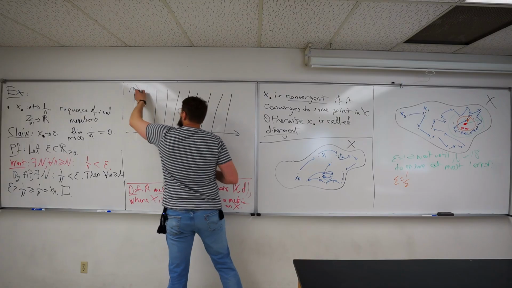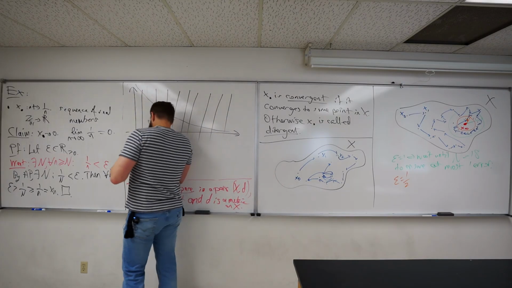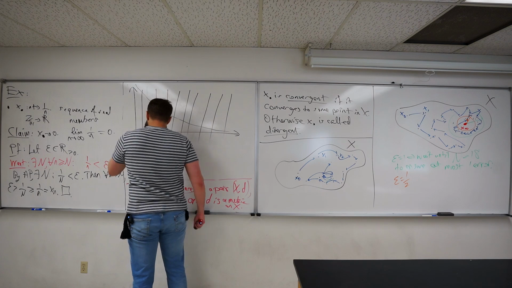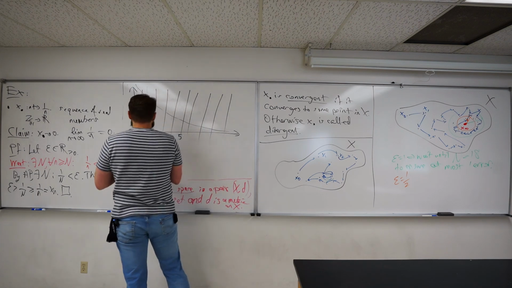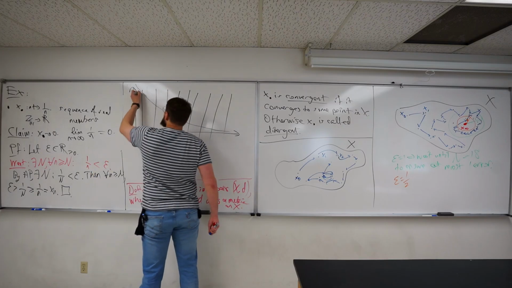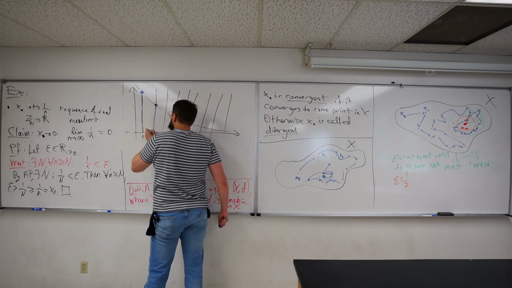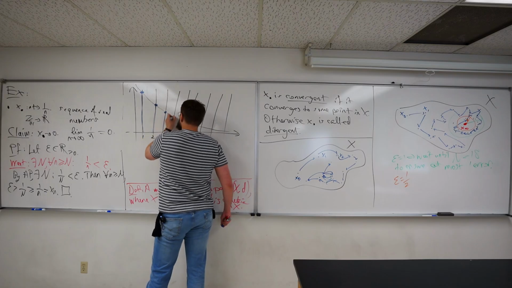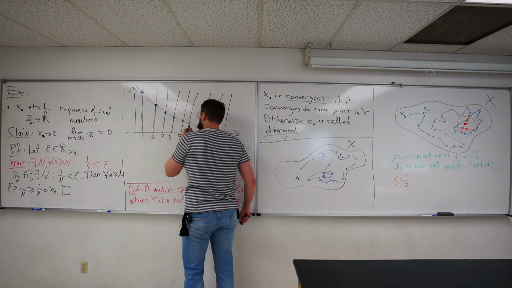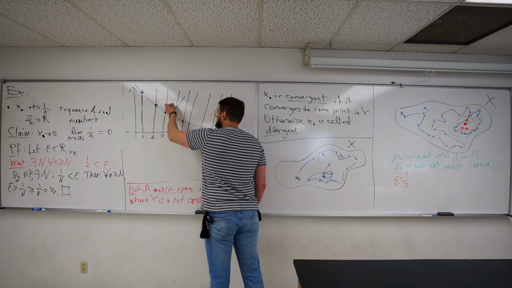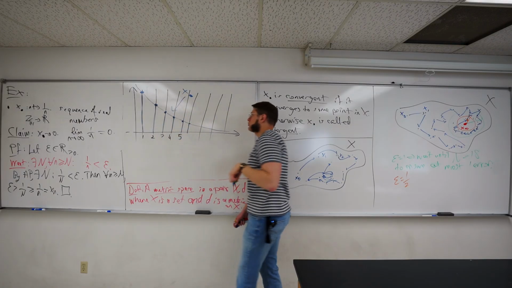Then it's going to fit into this hyperbola type of thing. So this is time 1, 2, 3, 4, 5, and so on. Okay. And this is x bullet. 1, 1 over 2, 1 over 3, and so on.